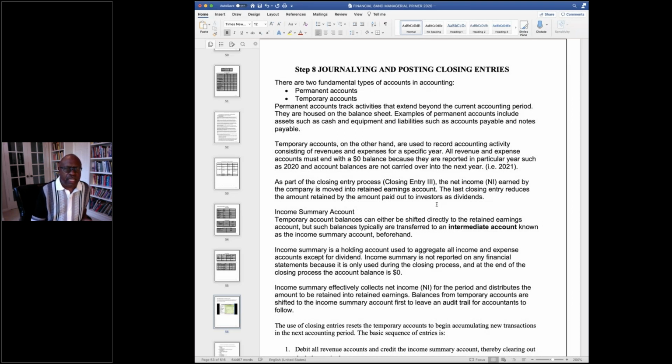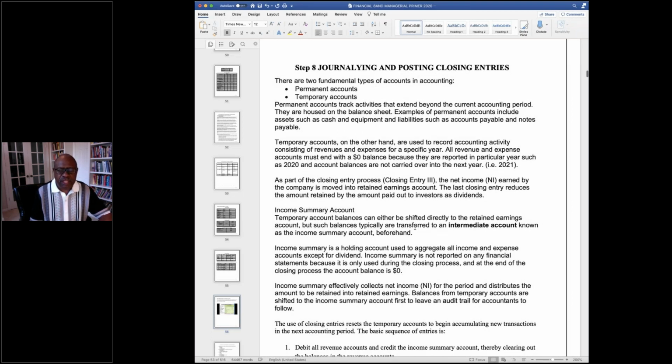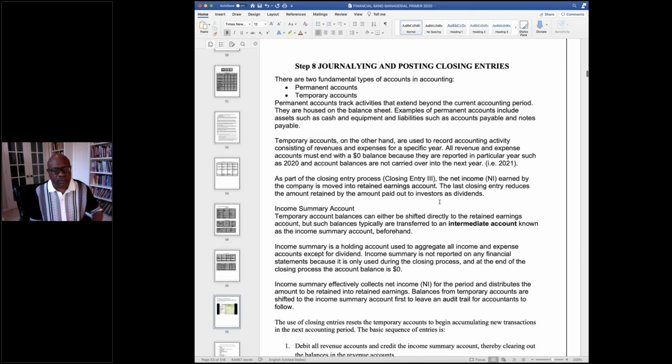So as part of the closing process, the net income will be moved to retained earnings, and the dividends will also be closed to retained earnings. We do not like a lot of activity in the retained earnings account.